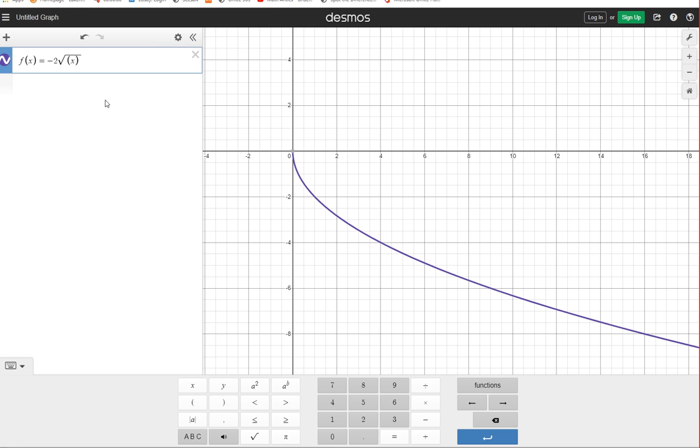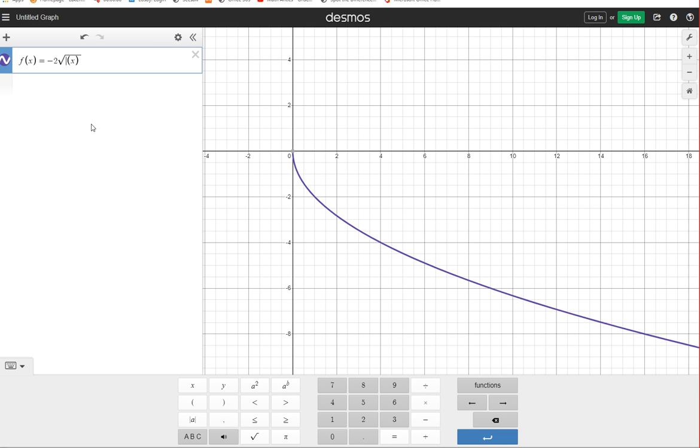So actually, let's do a 4. That'll clean it up, make it a little neater. So right here on my graph, I see I have a point of 4, -4. So if I divide my x values by 4, that point should move over and be 1, -4, because my x value will be divided by 4.